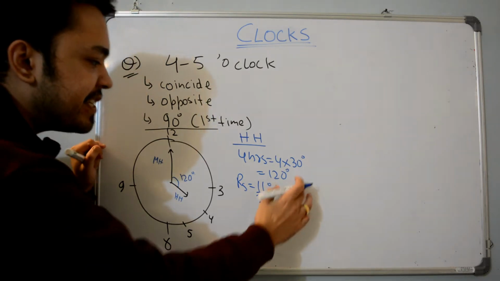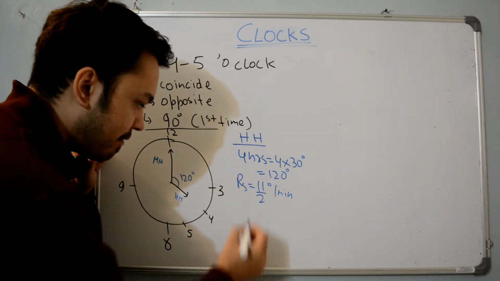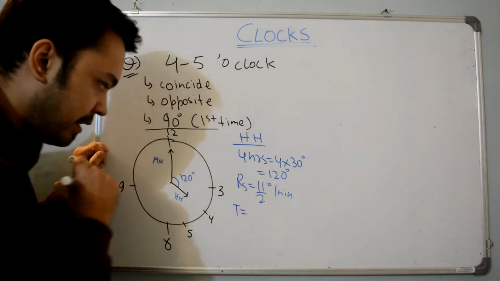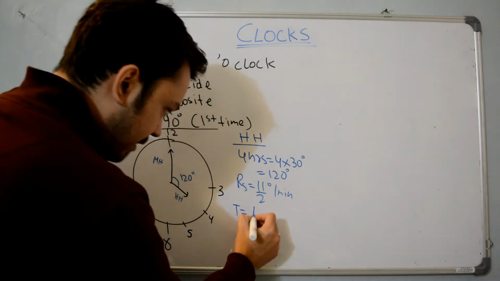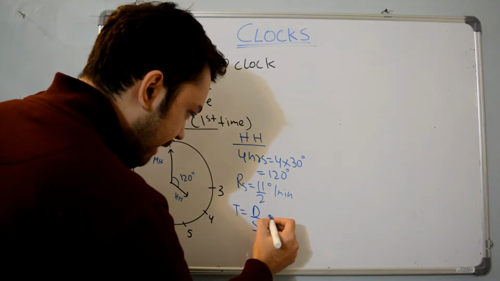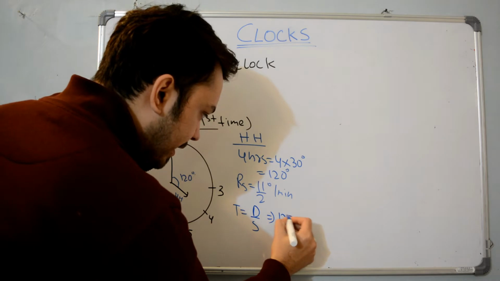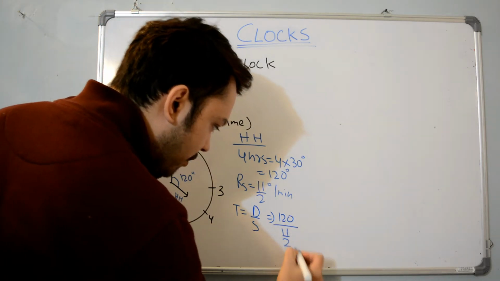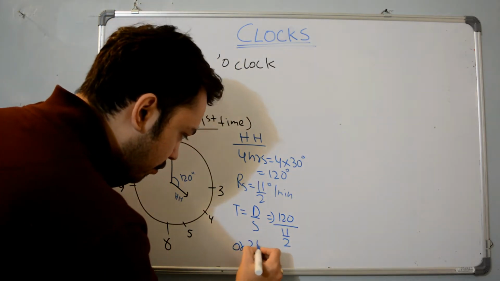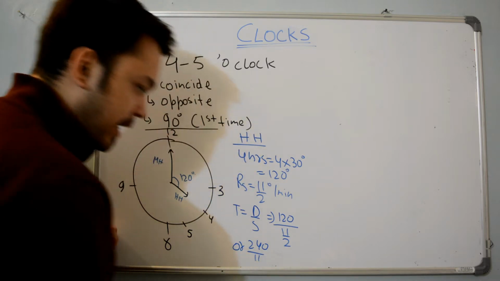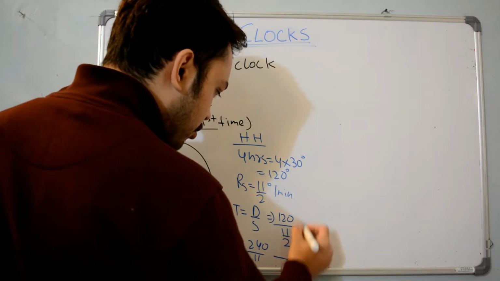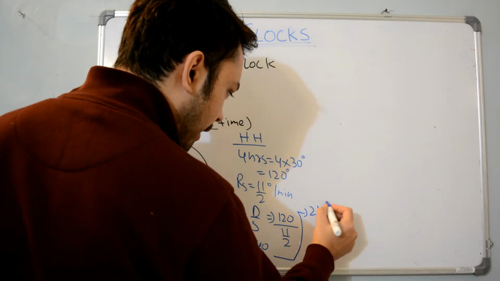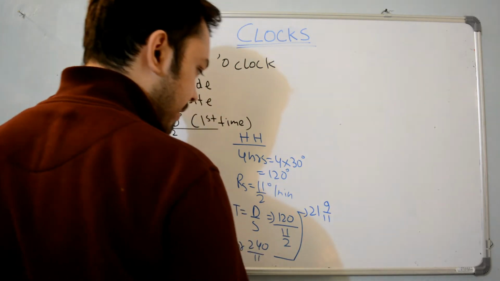So we have our distance, we have our speed, we only have to find out our time. Clear? So time will be how much? Distance upon speed, that is 120 upon 11 by 2 or 240 by 11. Clear? Now if you solve this, you will get something like 21 9 by 11.